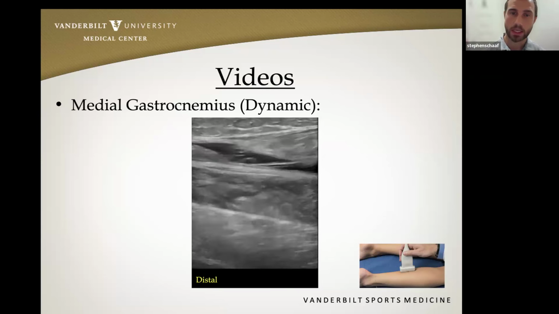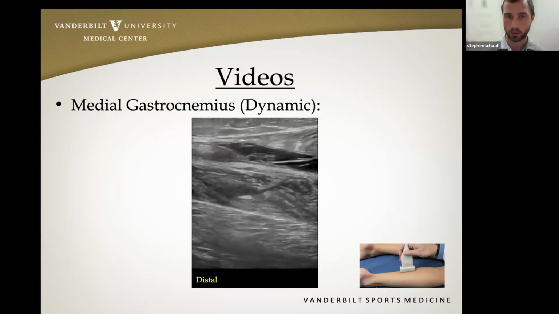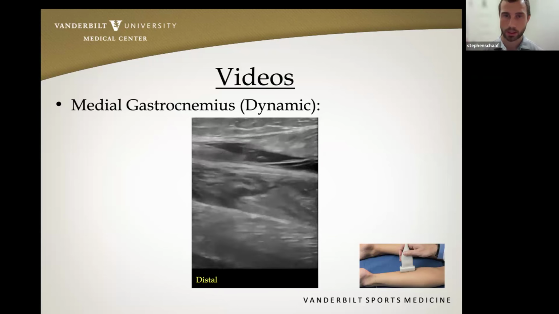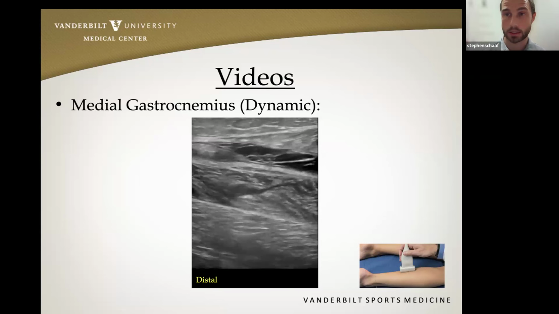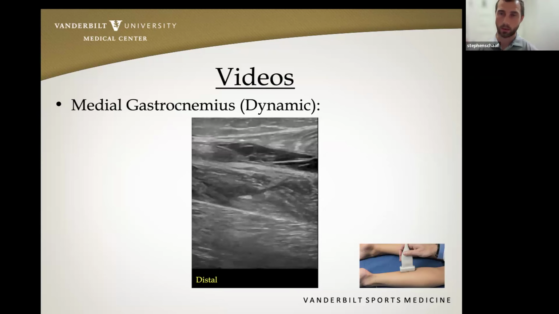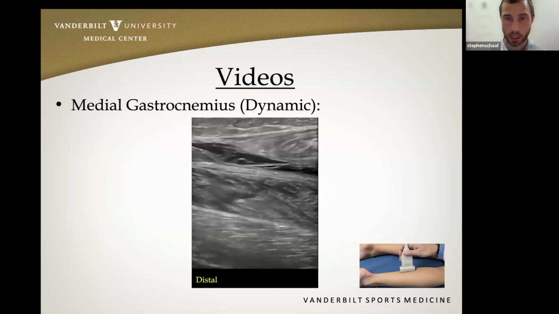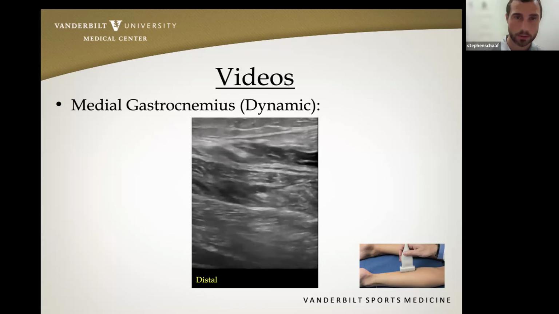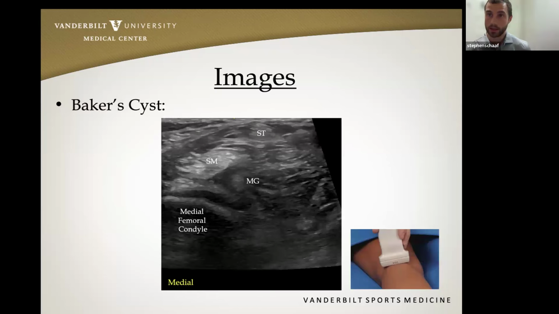What we want to see is whether, when we do that movement, it's going to be synchronous with the underlying soleus or not. As we're doing this, we see for this patient that there is synchronous motion. So that likely indicates that the triceps surae complex, at least dynamically, is still remaining intact in that regard.